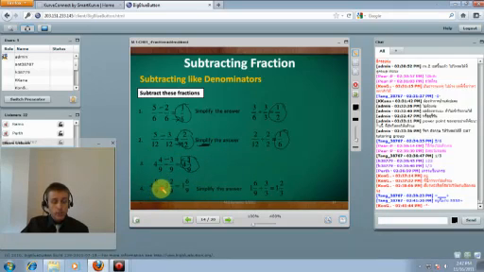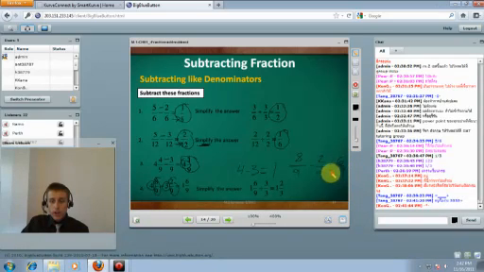Now, subtracting two mixed numbers. First, subtract the whole numbers. So we have 4 minus 3 equals 1. Now subtract the fractions. We have 8 over 9 minus 2 over 9. 8 minus 2 is 6.